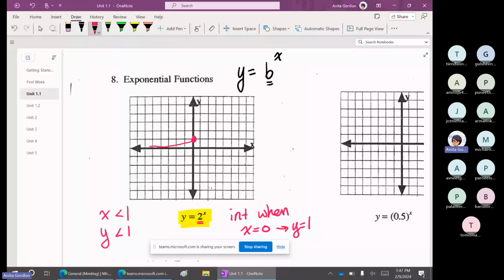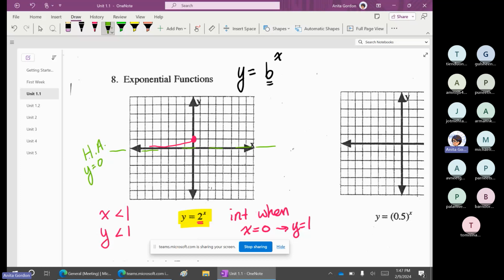Why don't they touch 0? Because there is no value that I can put in x to make y equals 0. That means the x-axis is my horizontal asymptote. Y equals 0 is an asymptote. I can never touch it because there's nothing I can do with this equation to make it 0.